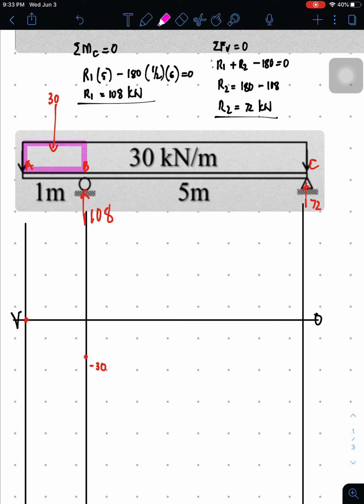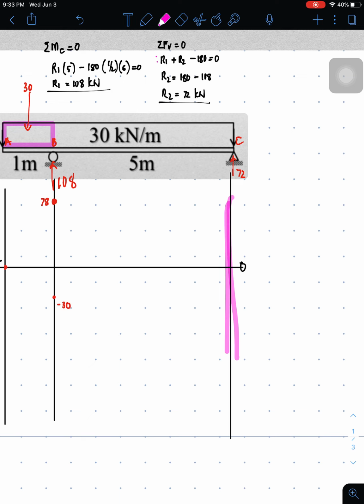Okay, next, we're now ready to plot the portions of the diagram here. We are done with B, so we move on to C. How do we plot the C?